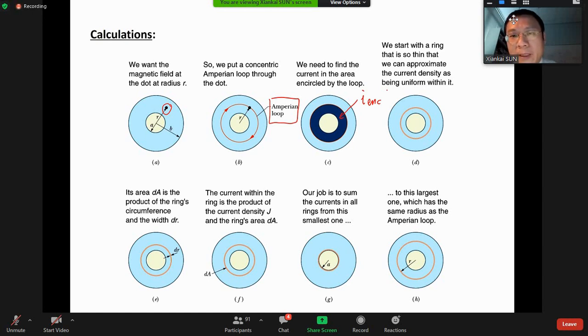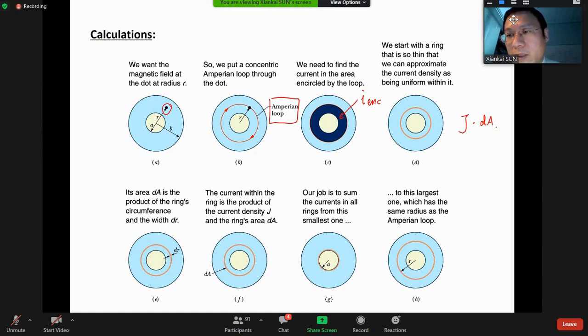So in this case, since the current is not uniformly distributed, we cannot simply just use J times the area of the ring.